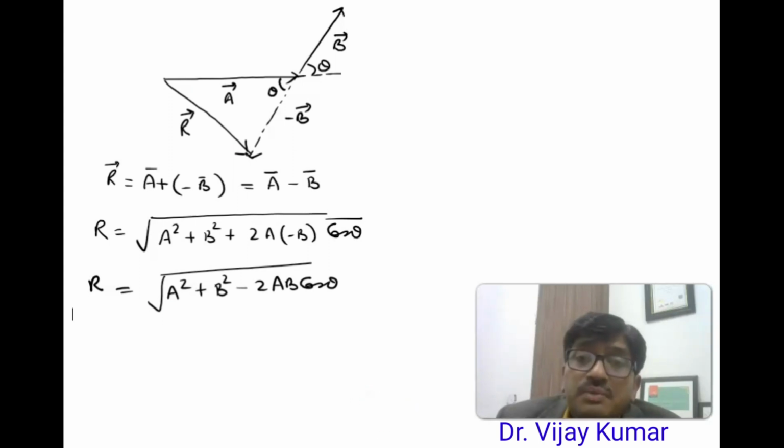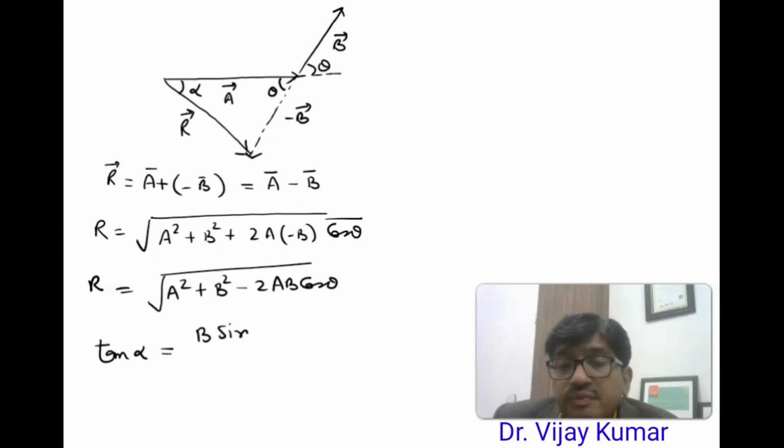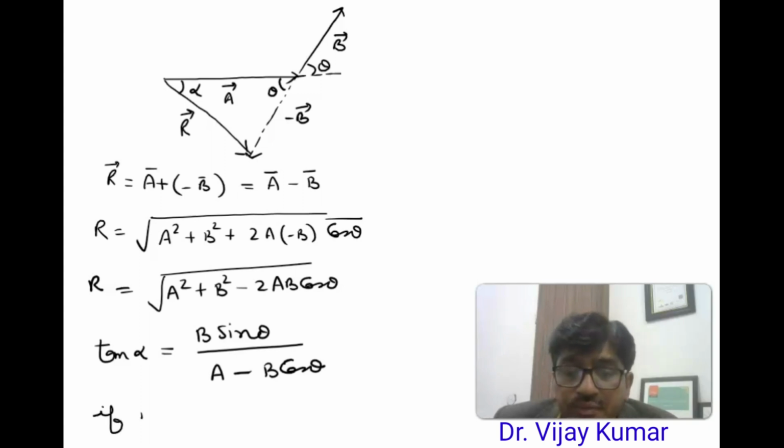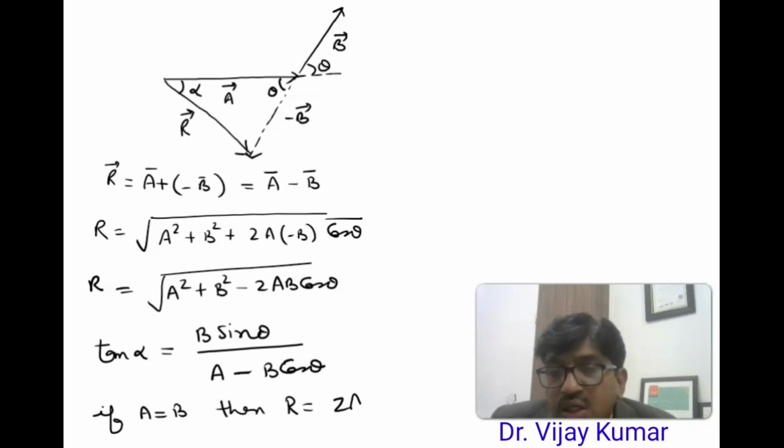And if this angle is alpha, then tan alpha should be B sin theta upon A minus B cos theta. In place of plus there should be minus. And if A is equal to B, then we can say R equals twice A sin theta by 2.